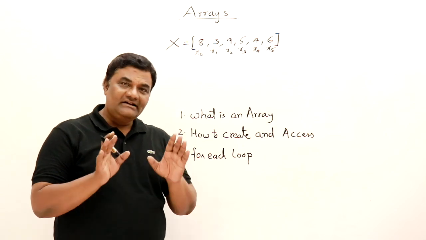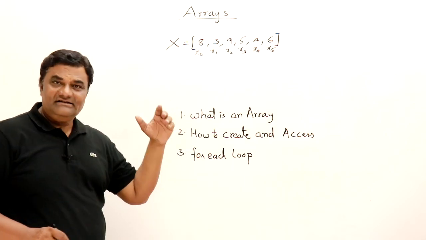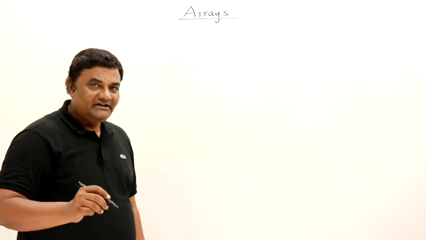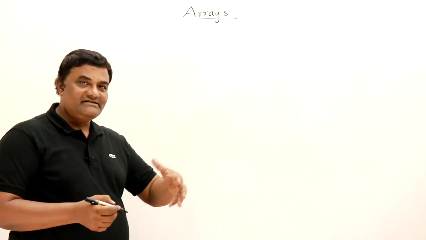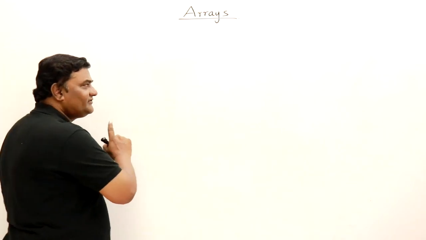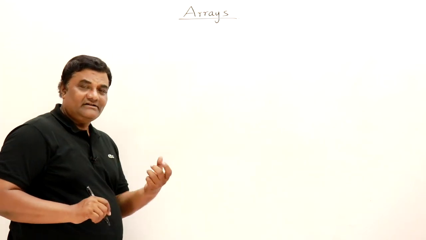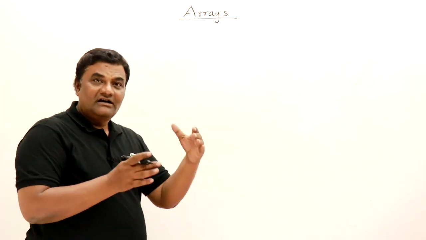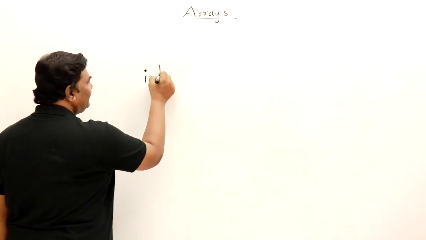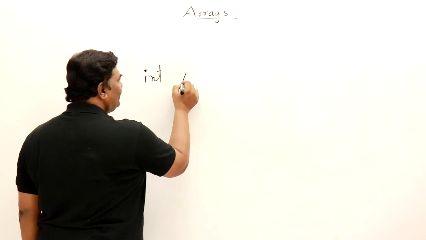So now let us see how we can create and access an array in Java, how it is created, where it is created. Now let us see how to create an array and how it is created inside the memory, how it looks like in Java. See, an array is a collection of similar data elements. So you have to select a data type. So the array's data type must be selected. So let us say I want an integer type array, int. And what is the name of the array?